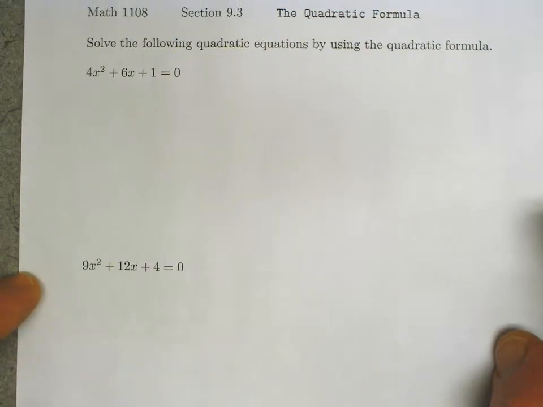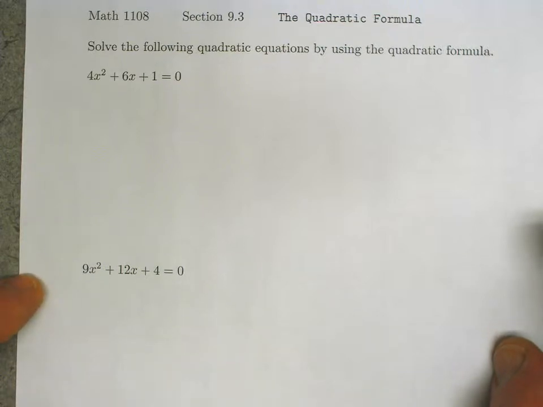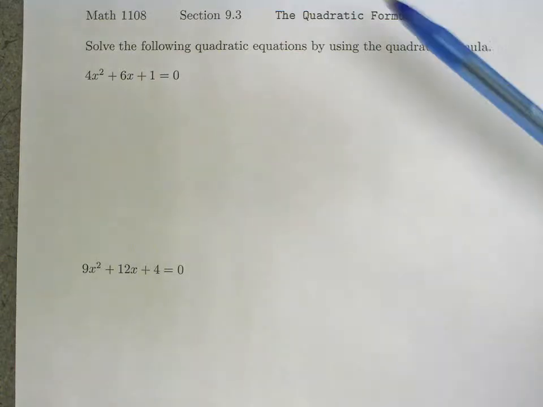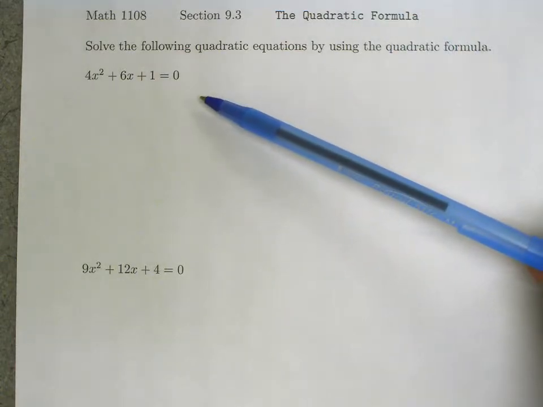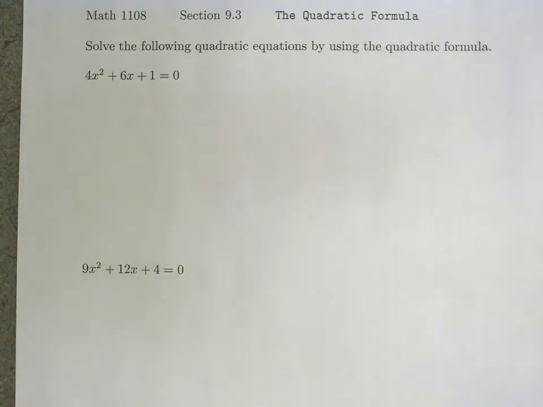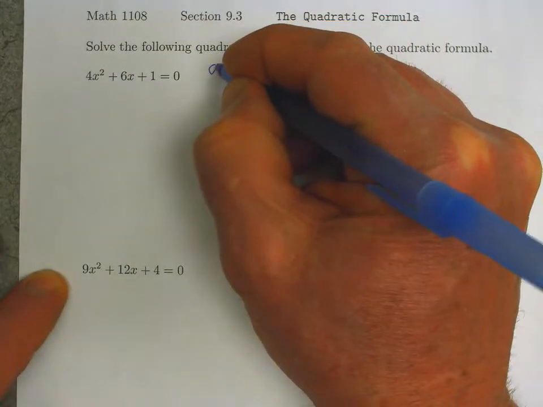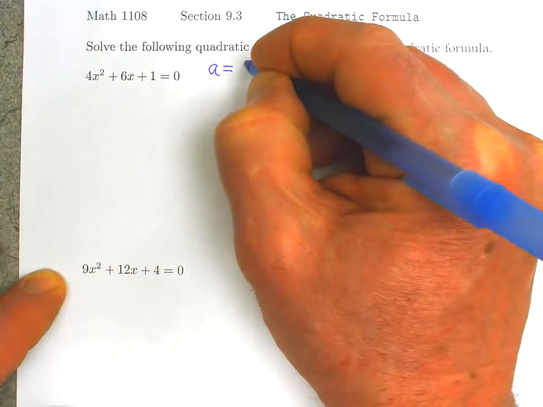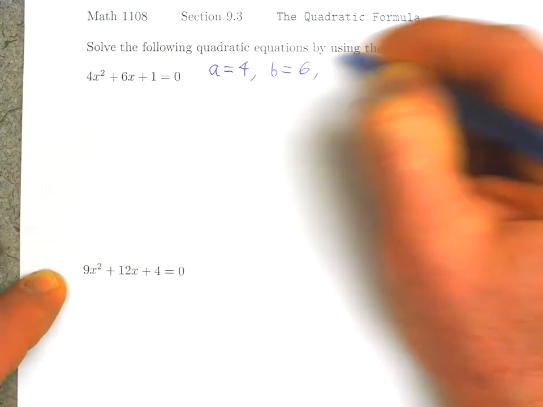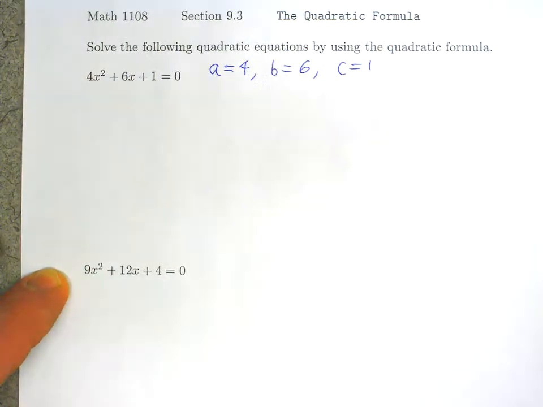Okay, solve the following equations by using the quadratic formula. Okay, this is in standard form. 4x squared plus 6x plus 1 equals 0. So it's already in standard form, so we can identify A. A is 4, B is positive 6, and C is positive 1.